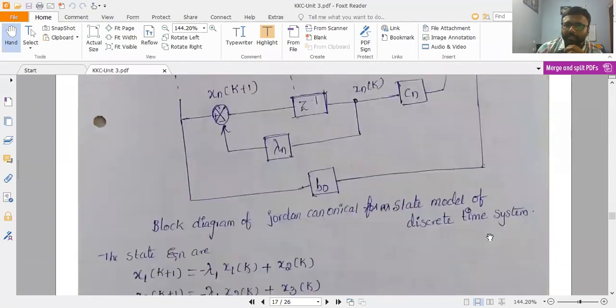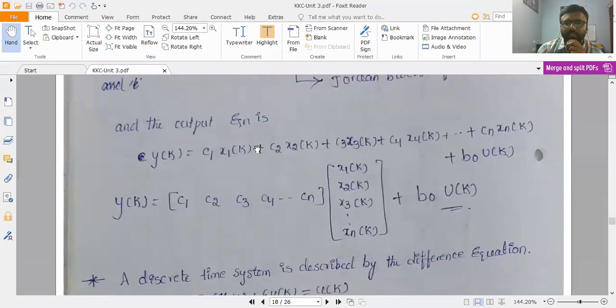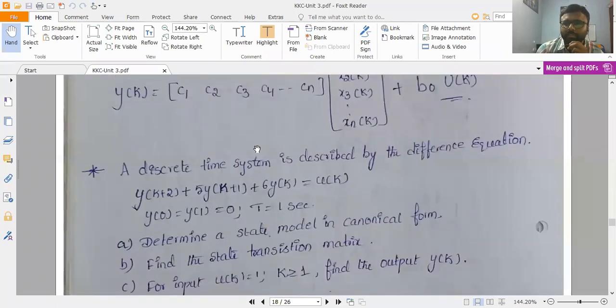That means in the Jordan block, the diagonal elements are presented, and above the diagonal elements a unit value is presented. The size of that Jordan block depends upon the number of times the pole is repeated. Okay, so this is the concept regarding the canonical form of the state model.